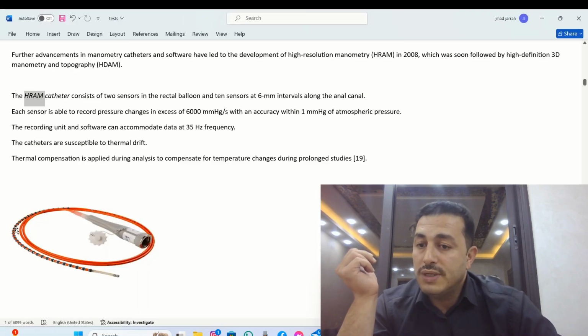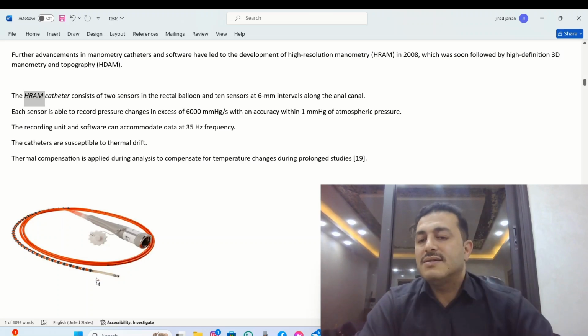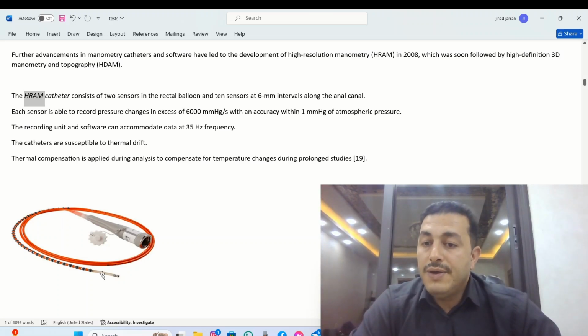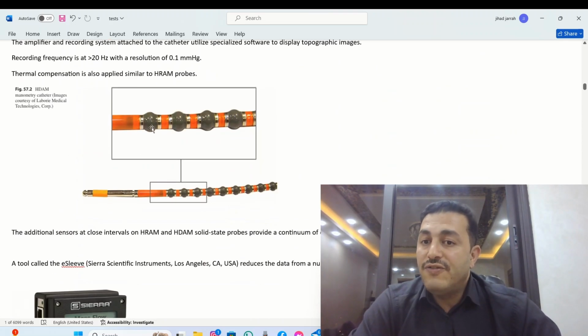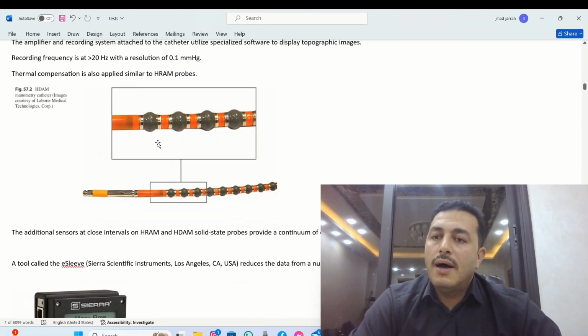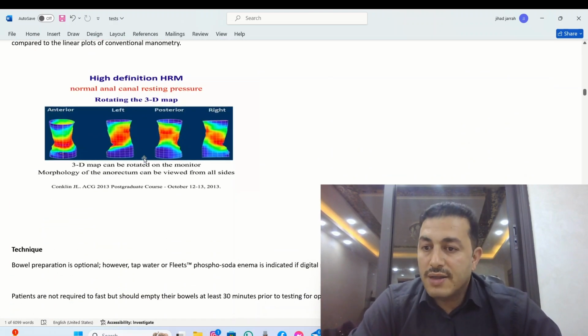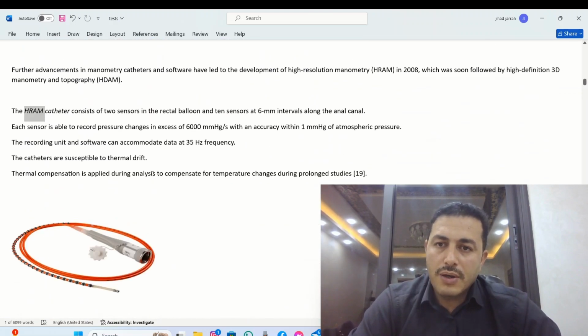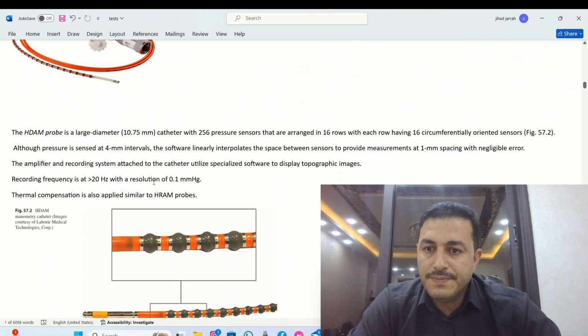We have a balloon in the rectum that covers the sensors here. And we have the high definition probe. This is the result of the high definition probe. I hope I didn't miss any information.